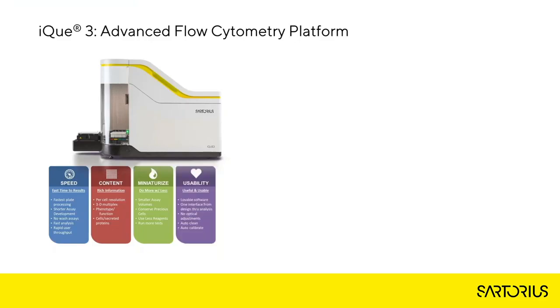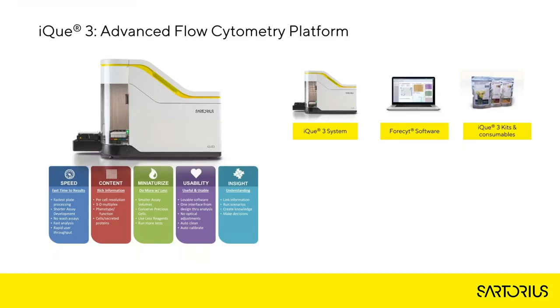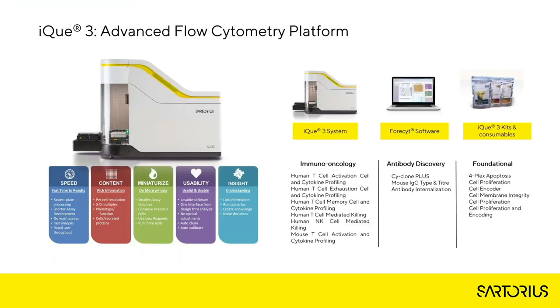The IQ3 system comes with built-in Foresight software allowing for fast time to results as graphs auto-populate as cells are being sampled. As I have mentioned, the IQ3 has a suite of compatible reagents that are applicable to a range of different applications, namely within the immuno-oncology, antibody discovery, and foundational areas.